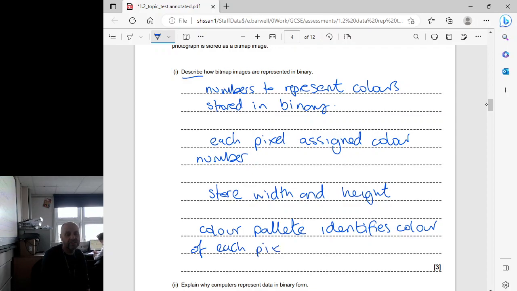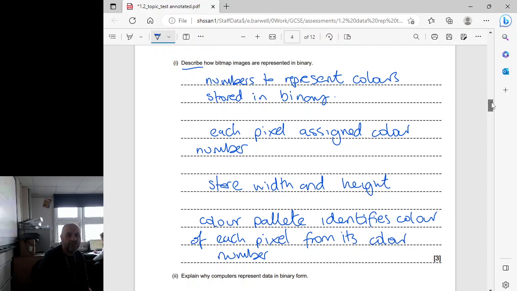And that's really all there is to it. So I've made like 4 or 5 points there. But maximum it crops at 3. Okay, so it's about getting your info down, concise but clear.